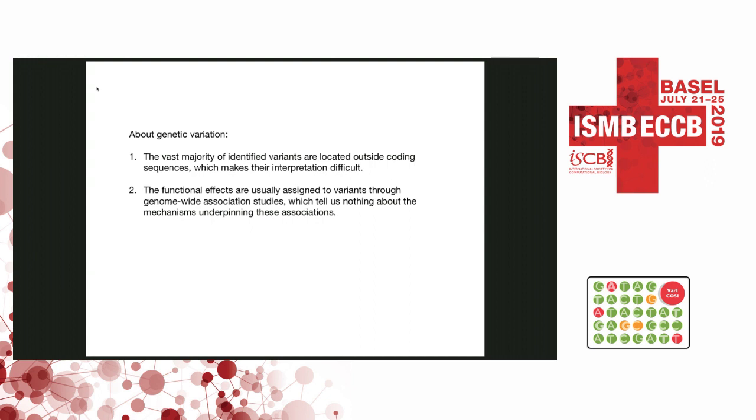And second of all, the functional effects are usually assigned to variants through genome-wide association studies, which tell us nothing about mechanisms underpinning these associations. So advancements in the domain of spatial genome organization stand a chance to improve variant interpretation.